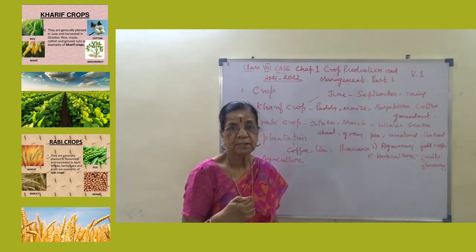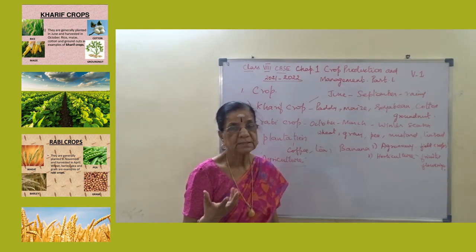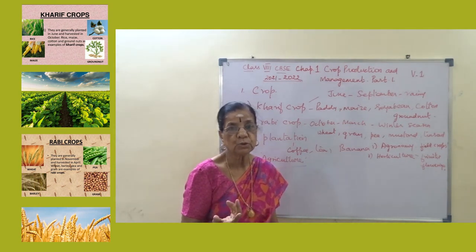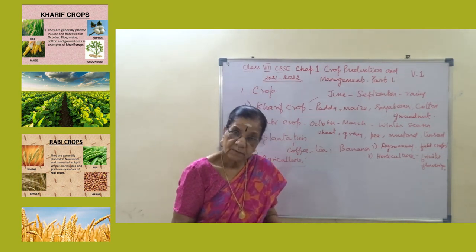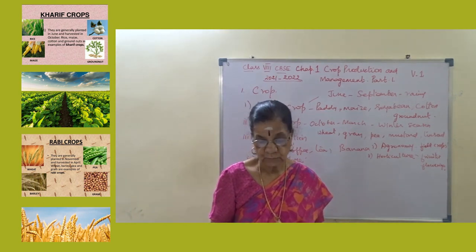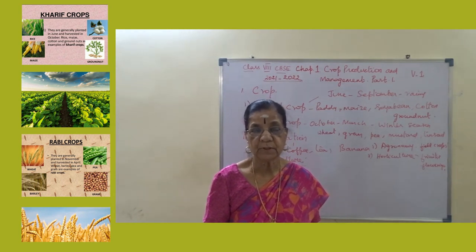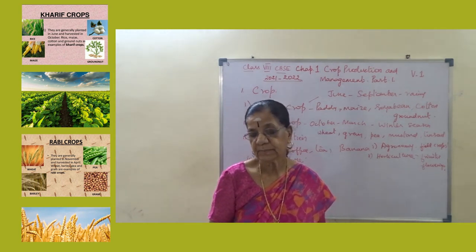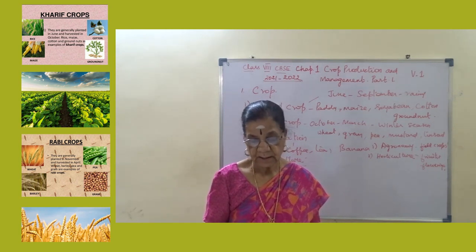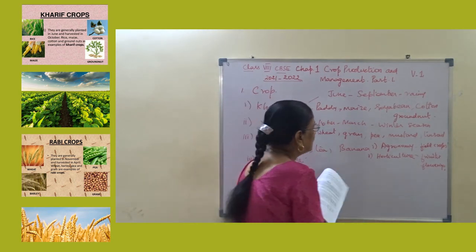One is agronomy, which deals with growing of crop plants, and horticulture, which is management of fruit and flowering plants. For example, a grape garden we call a vineyard. Then horticulture refers to growing of vegetables.